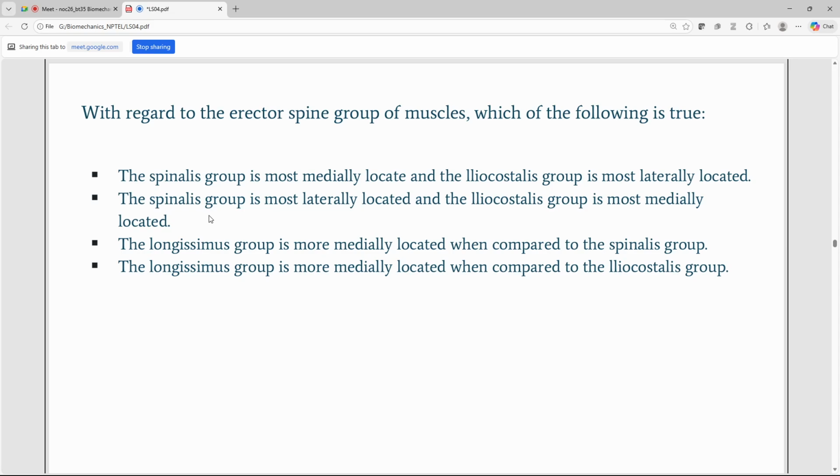Second option, the spinalis group is most laterally located, and the iliocostalis group is most medially located. Third option, the longissimus group is more medially located when compared to the spinalis group. Fourth option, the longissimus group is more medially located when compared to the iliocostalis group.